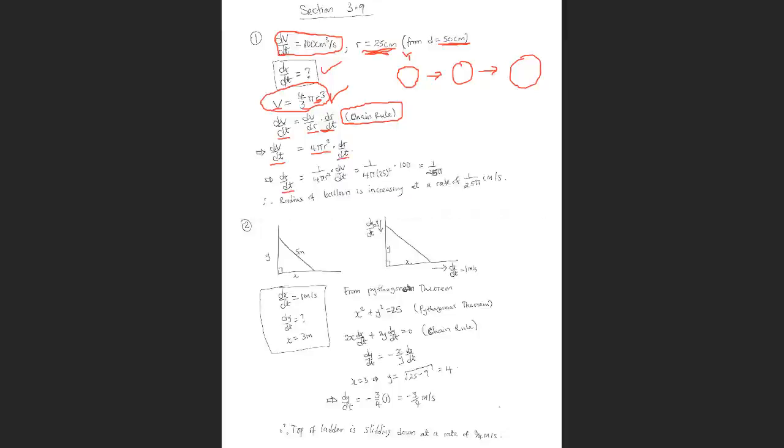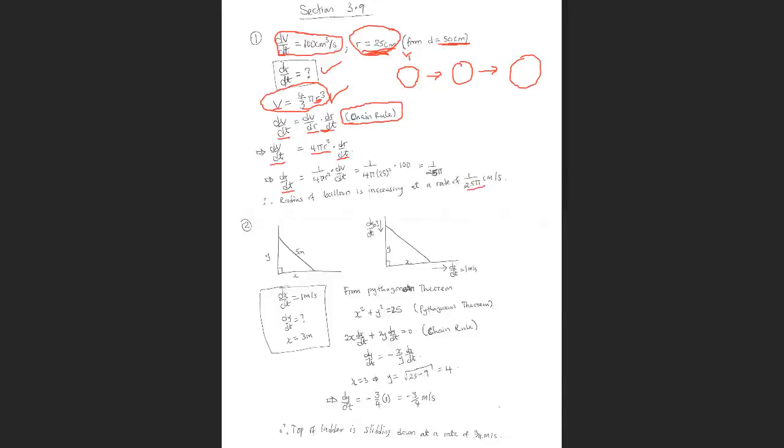Then you're good to go, because we computed the radius at the top. Radius is half of diameter, so you get 25. If you plug in, you have 100 divided by 4 pi times 25 squared, which is just 1/25 pi centimeters per second. So the radius of the balloon is increasing at the rate of 1/25 pi centimeters per second.